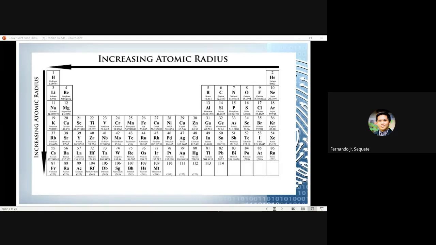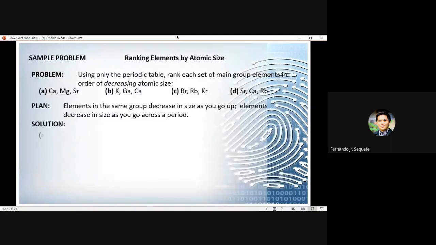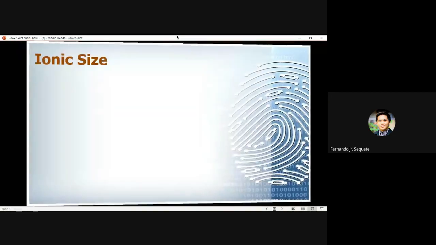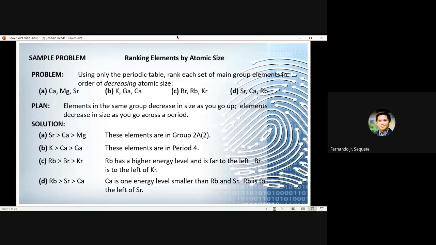Ang period ay horizontal, and then yung horizontal is your left to right or right to left. Okay, nasa chart. So, i-arrange daw natin yung letter A, yung calcium, magnesium, and strontium.